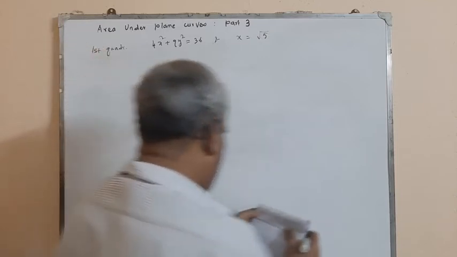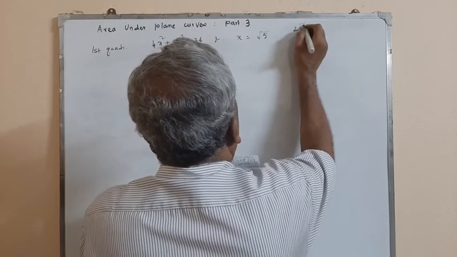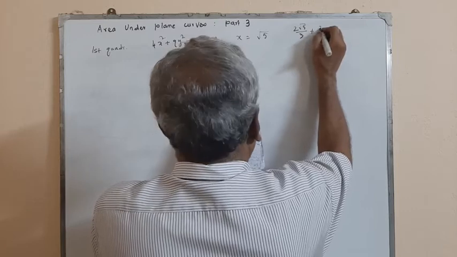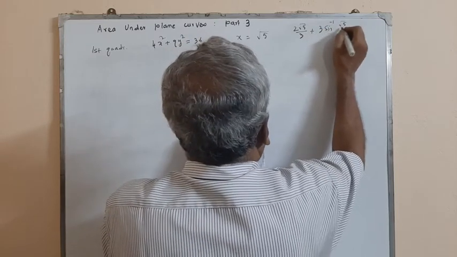Options: number 1, 2 root 5 by 3 plus 3 sin inverse root 5 by 3.